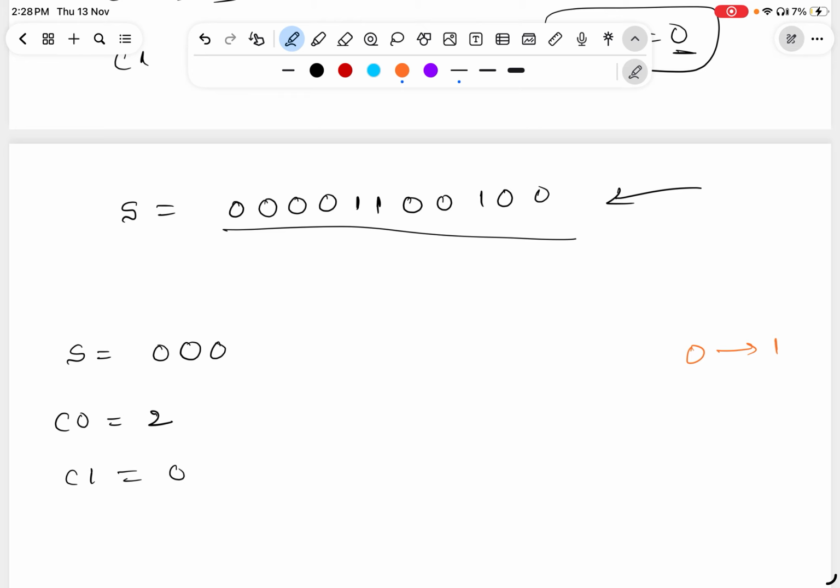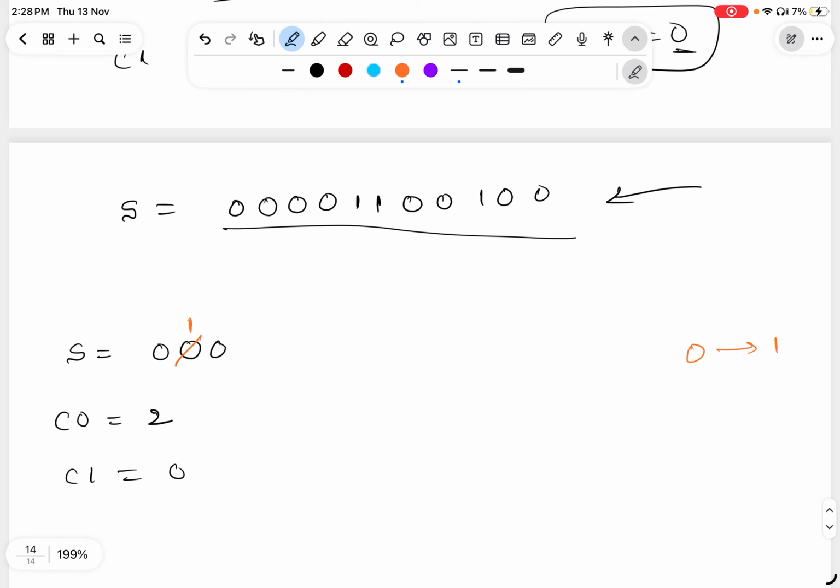If I choose the optimal one, I will choose the middle one. In that case, my string will look something like this, and my C0 will become 0 and C1 will be 0. Both are equal, so I have performed only one operation.